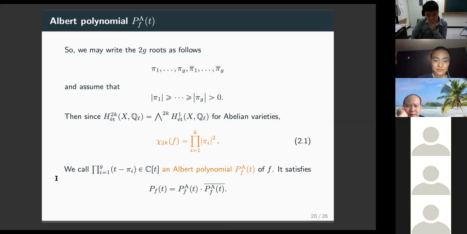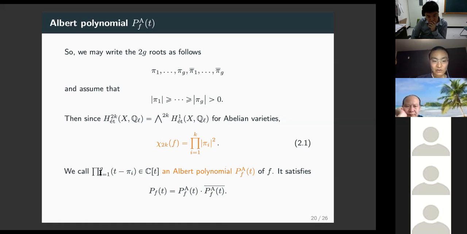All right. So we choose the first g eigenvalues, pi_1, pi_2, up to pi_g, and consider this polynomial.